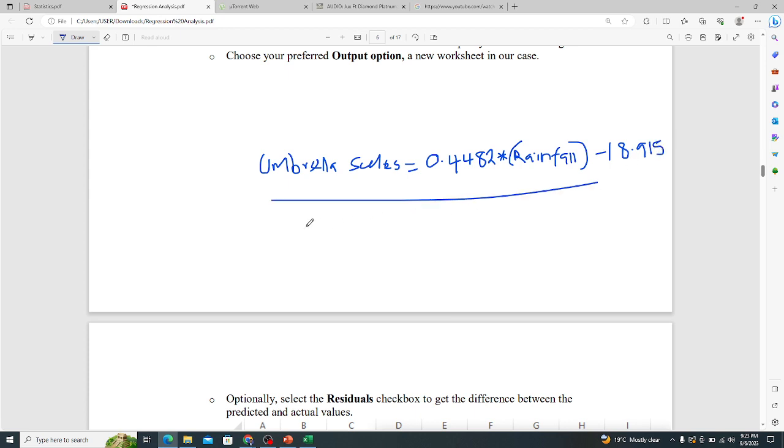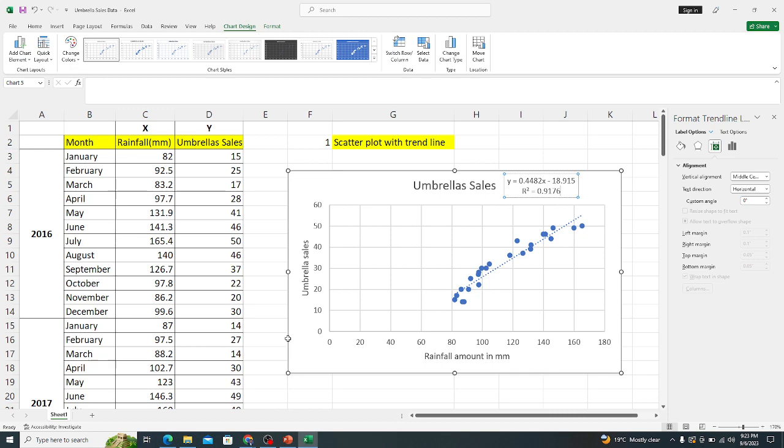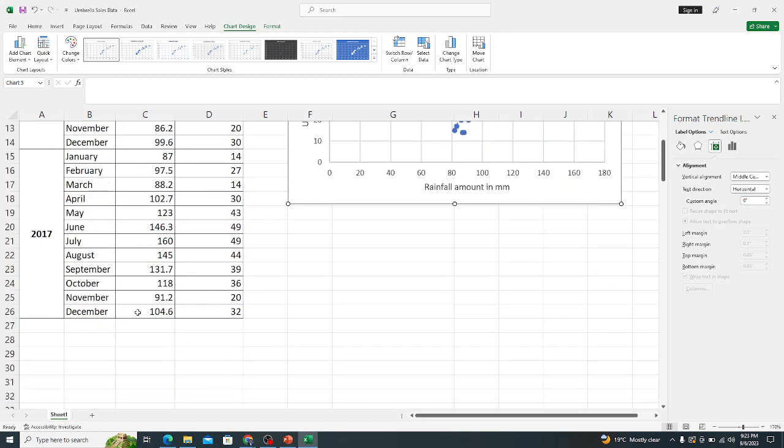Then this is our model. Take note of that. This is our model, and you can use it to predict, okay.